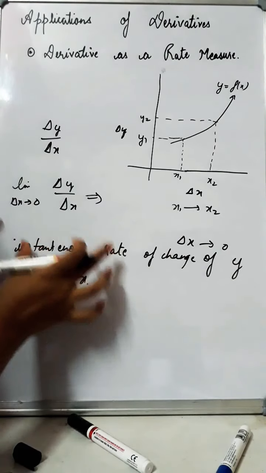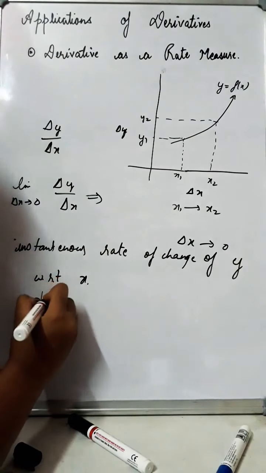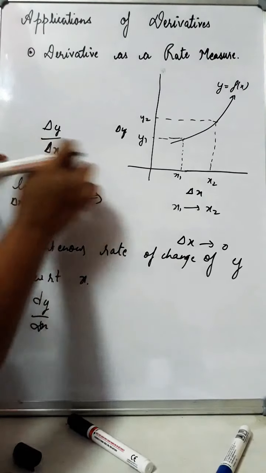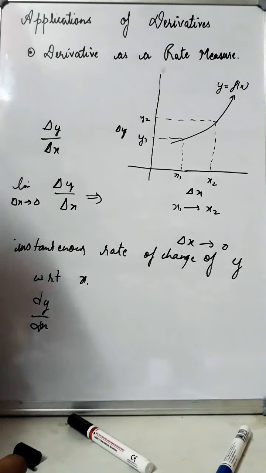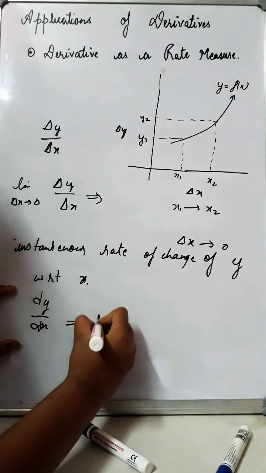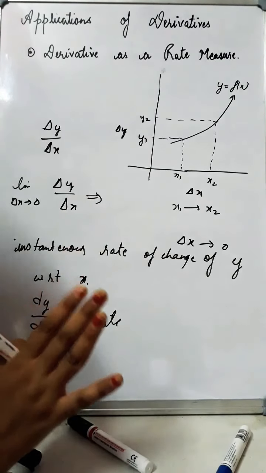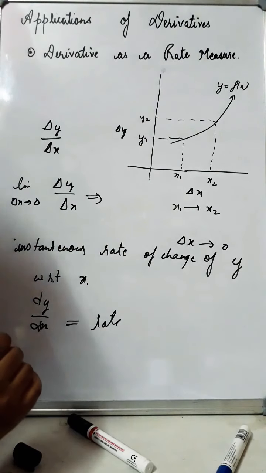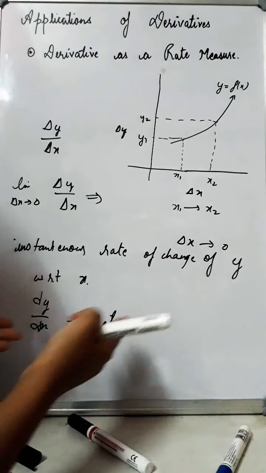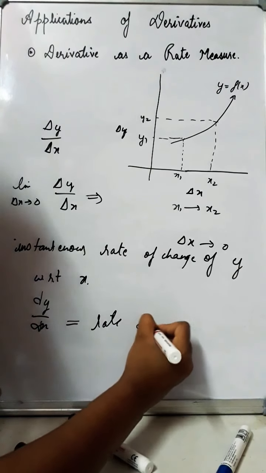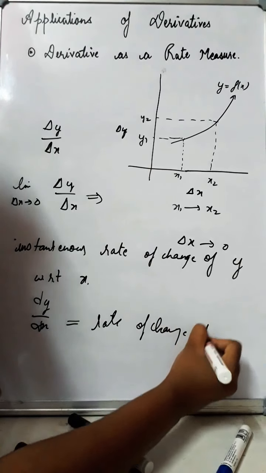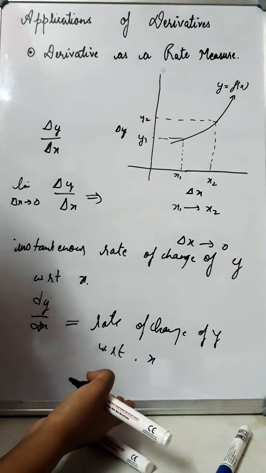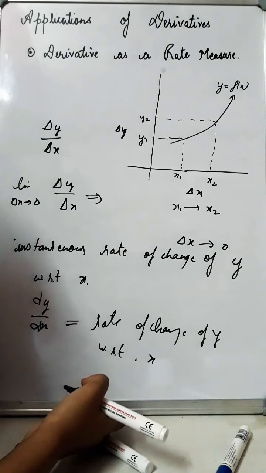This instantaneous rate of change is actually the derivative dy/dx. When you solve this, you will obtain dy/dx. dy/dx is the rate of change collectively. You will drop the term instantaneous when you are talking about the whole curve, and this becomes the entire rate of change of y with respect to x. So this is the very basic definition of derivative. The derivative is the rate of change.